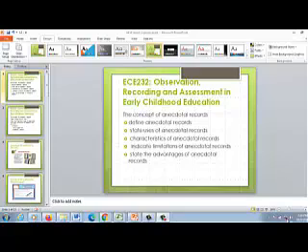And in that lesson I told you about the definition of early childhood and the purposes of establishing early childhood education in Nigeria, and so on and so forth. And today we are going to look at the concept of anecdotal record.